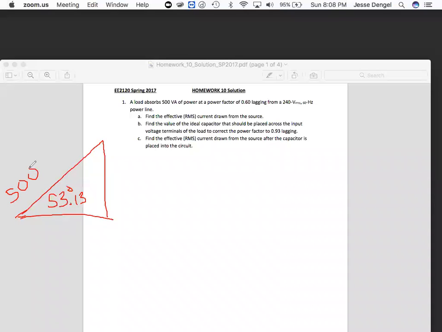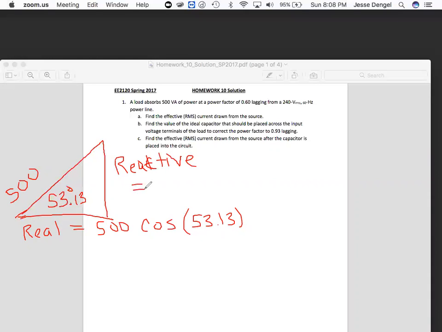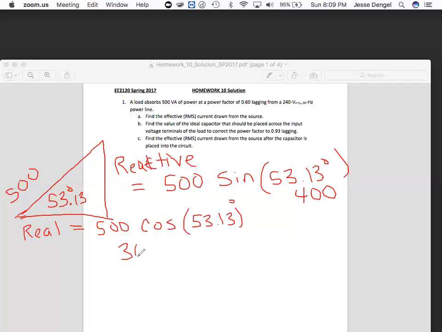So then we just need to find our real. Real is going to be equal to 500 cos 53.13, and reactive is equal to 500 sine 53.13 degrees, which conveniently is equal to 400, and our real power is equal to 300.